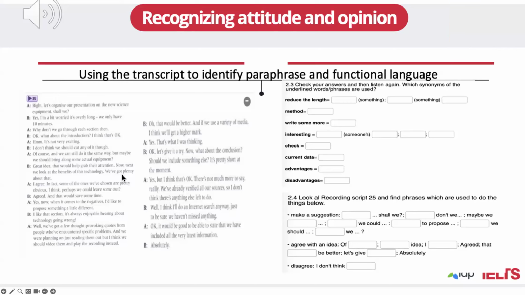I guess this kind of exercise appears in parts 3 and 4, something like that, right? Like educational and training situations.